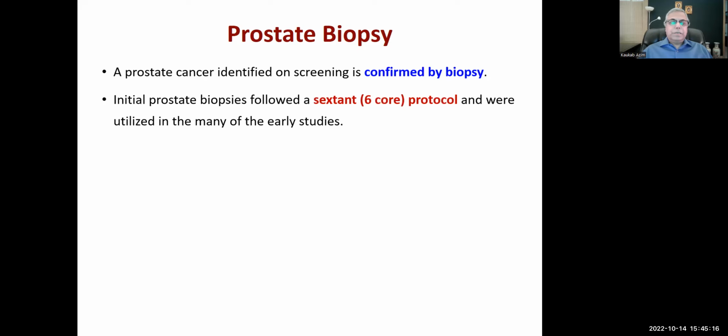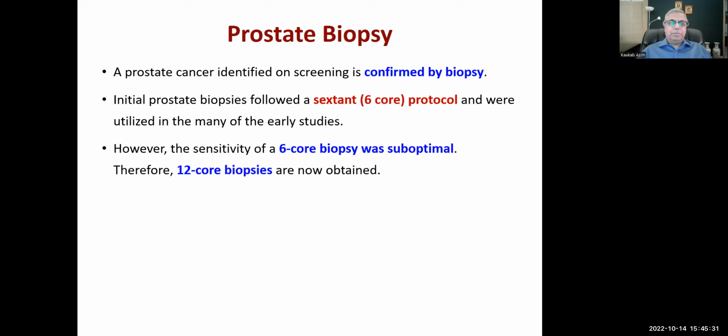Initial prostate biopsies followed a sextant 6-core protocol, and this was utilized in many of the early studies, but it had certain problems. Six-core means you are obtaining 6 core needle biopsies, but the sensitivity of the 6-core biopsy was suboptimal.